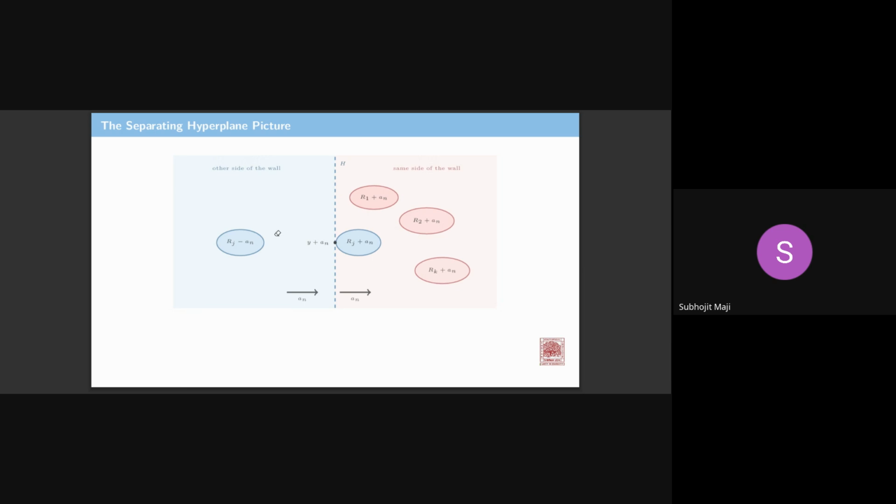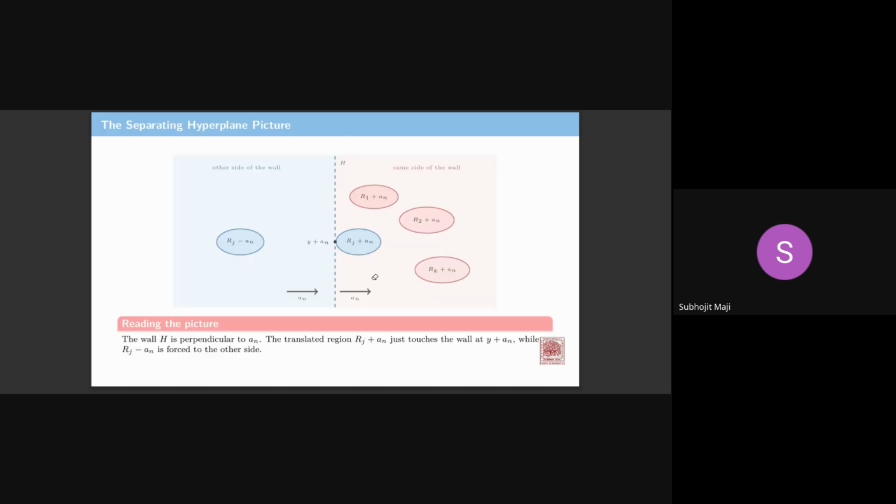If Rj minus AN were on the same side of this wall, then I could define this side of the region to be the dot product greater than or equal to c, because this part is where the dot product is equal to c, and this part is where it is less than or equal to c.